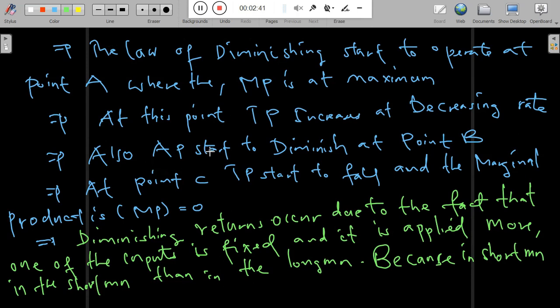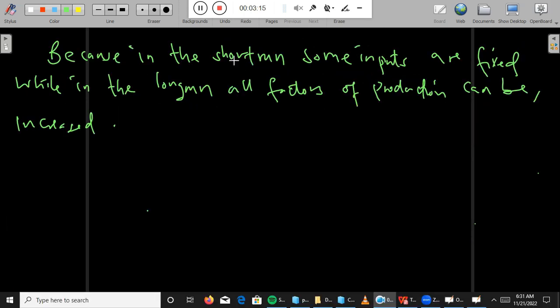So the law starts to operate at point A, where the marginal product is at maximum. At this point, total product increases at a decreasing rate. Also, average product starts to diminish at point B. At point C, total product starts to fall. The marginal product is equal to 0.